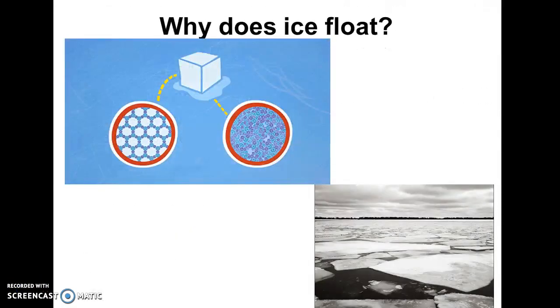Okay, our last property, why does ice float? Well, here's a picture of liquid water at the atomic level. You can see all these water molecules are kind of shaking around really quickly, and they don't really have a pattern to the way that they're moving.